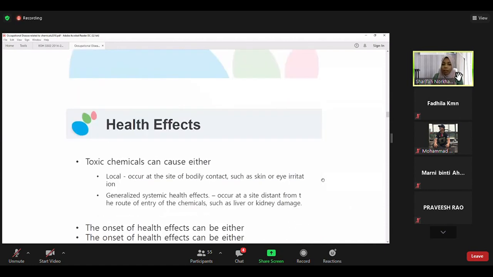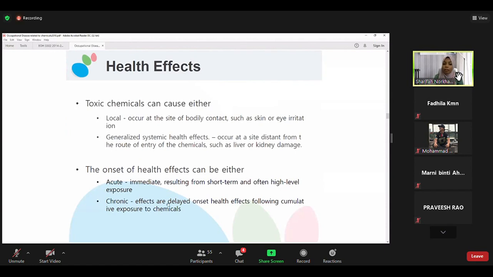Okay, so the health effects can be either it's toxic dalam bentuk secara acute ataupun chronic. Acute ni means short durations of exposure, it creates such symptom. For example, when you expose the chemicals, you start to sneezing, you start to collapse, you start to feel nausea.